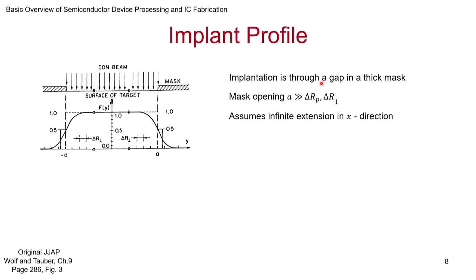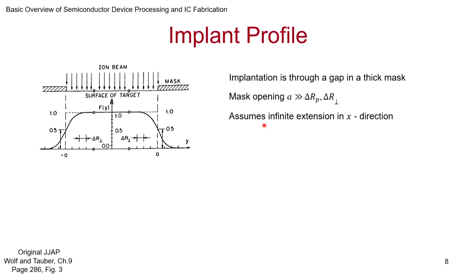So the implantation goes through the gap in a thick mask, and often we make this assumption, and it is often true, because as I have already mentioned, lateral dimensions are usually orders of magnitude more than the vertical dimensions. So you will find that the opening A is much larger than delta RP and delta R perpendicular.